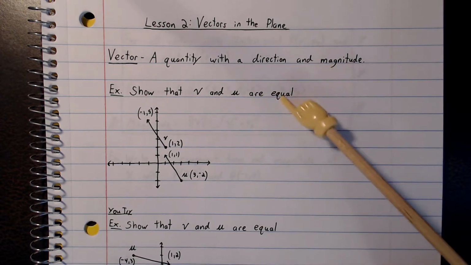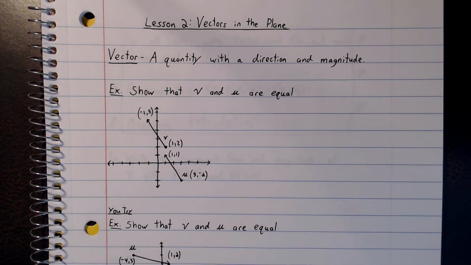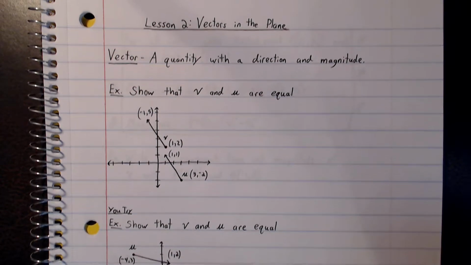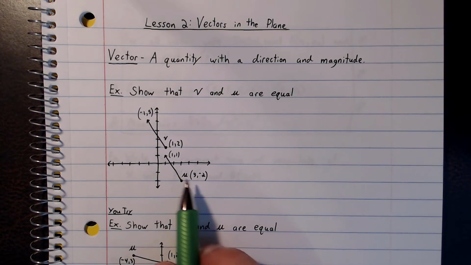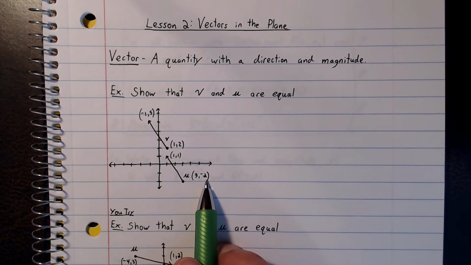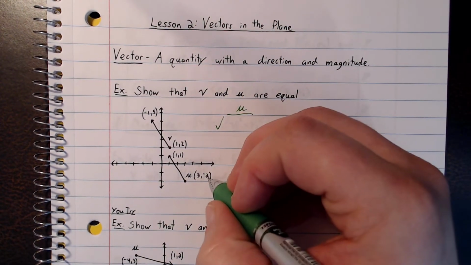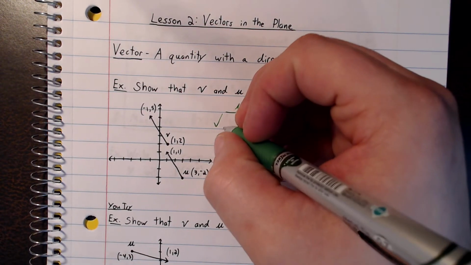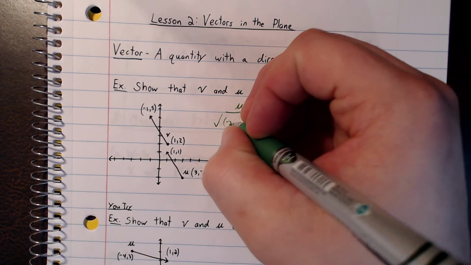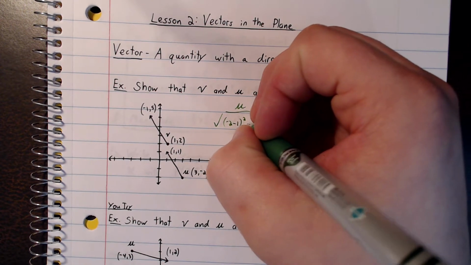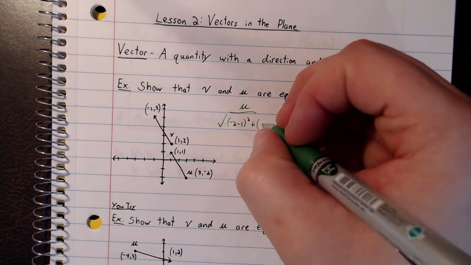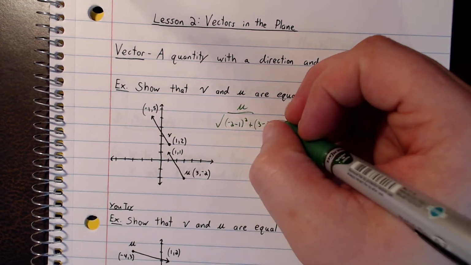We want to show that they're equal. Well, here's the deal. We can find distance on a coordinate plane by taking the square root of, if we had x1, y1, x2, y2, if we were looking for u, it'd be the square root of y2 minus y1 squared plus x2 minus x1 squared, right?